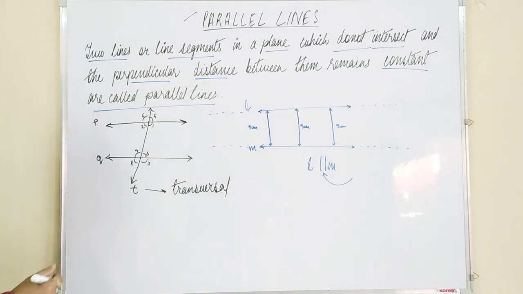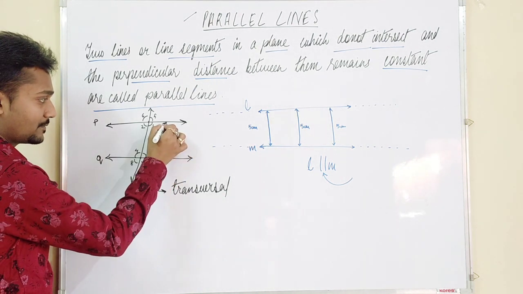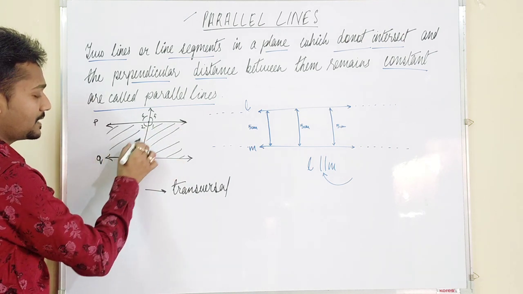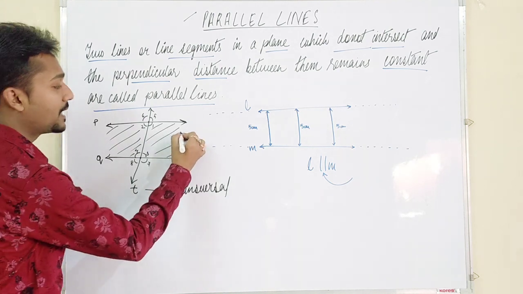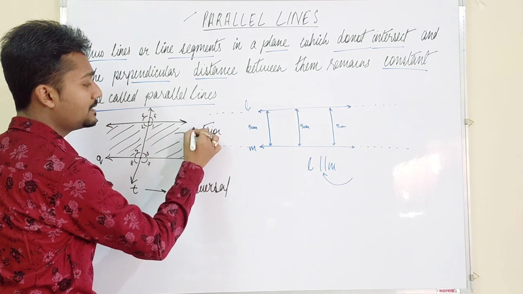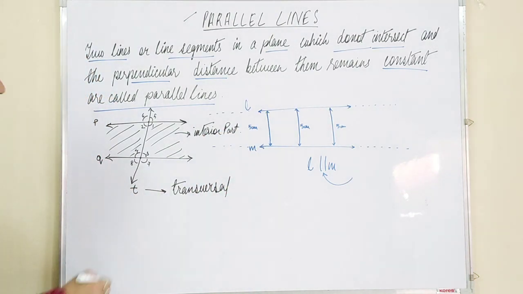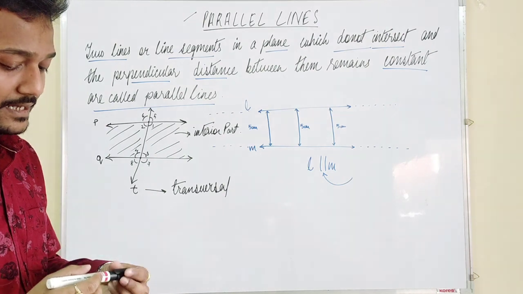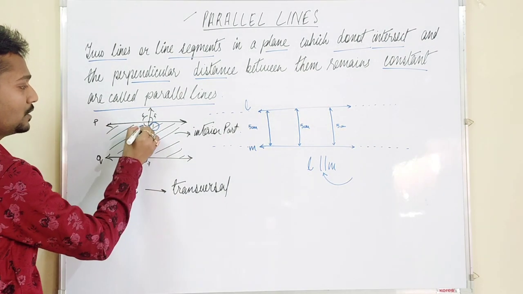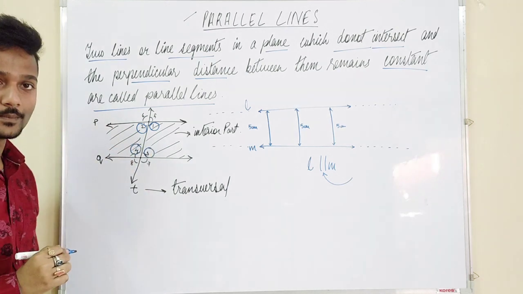So this particular part from here and this particular part is known as the interior part. So what are the interior angles? The interior angles are this one, 1, 2, 3 and 4.